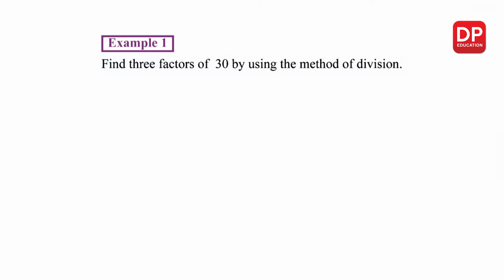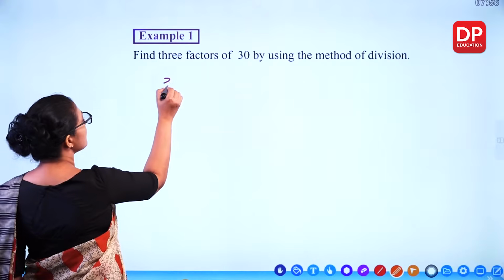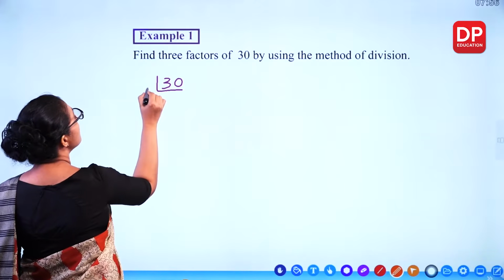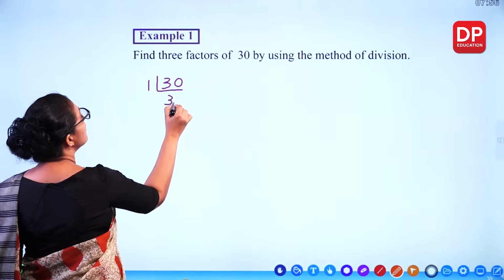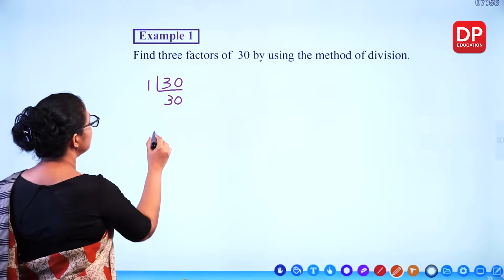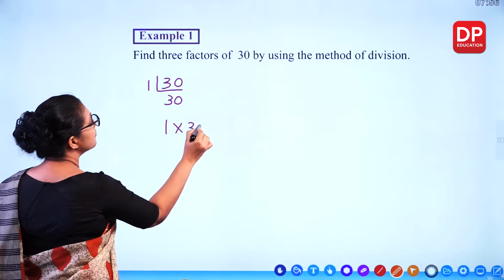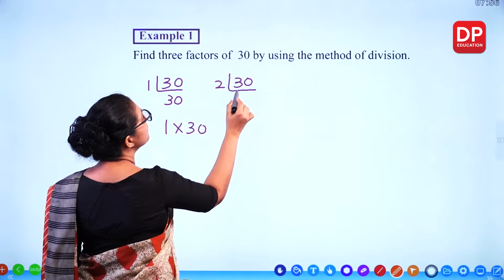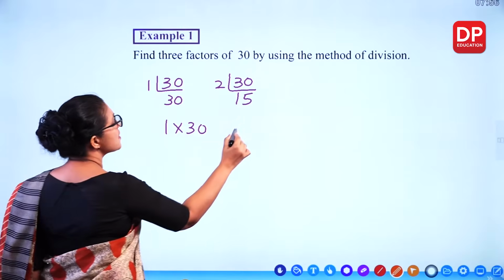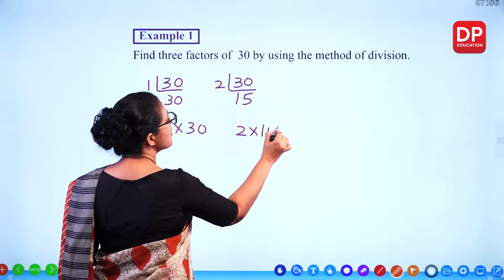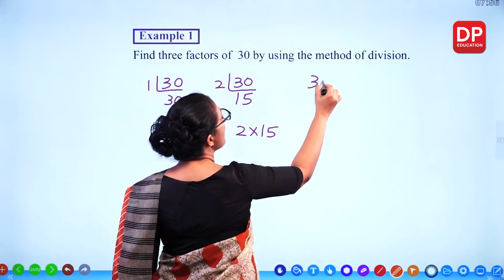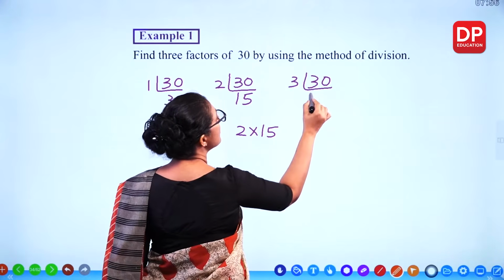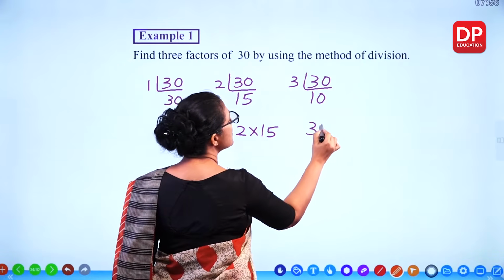Example number 1. Find 3 factors of 30 by using the method of division. 30 you can divide by 1. You get 1 times 30. 30 divided by 2, 2 times 15. 30 divided by 3, 3 times 10.